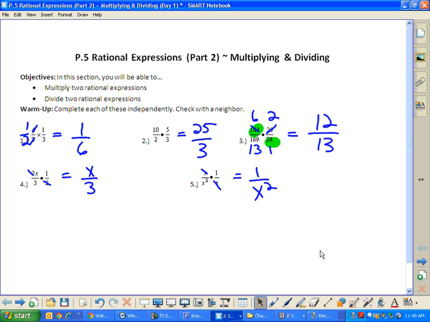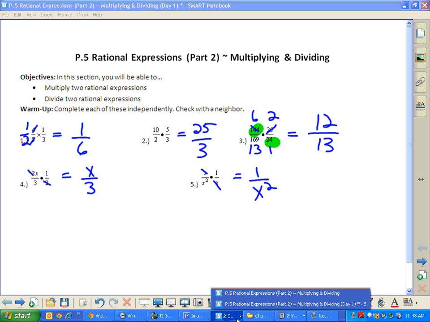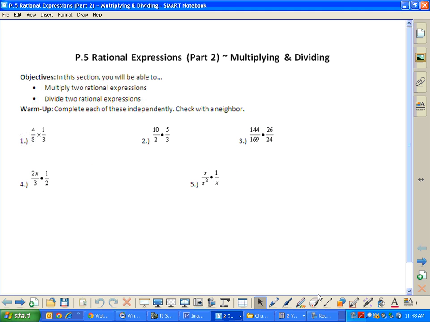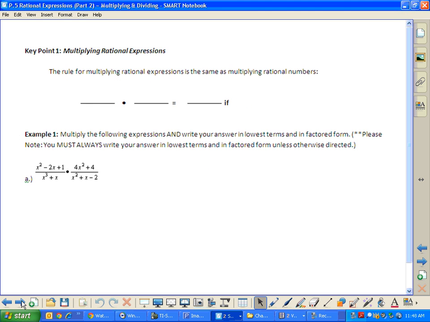Okay. So, let's talk about today. Today, again, you are multiplying rational expressions together. In general, you folks are very good at understanding that to multiply fractions, like a over b times c over d, you can multiply straight across. You don't need a common denominator. So this could be a times c over b times d.